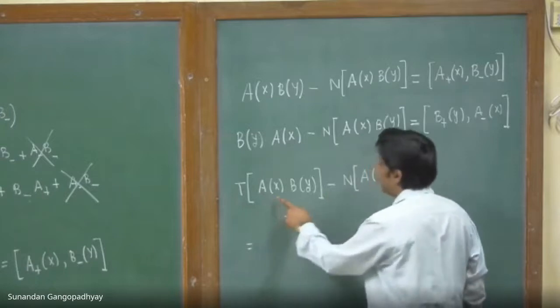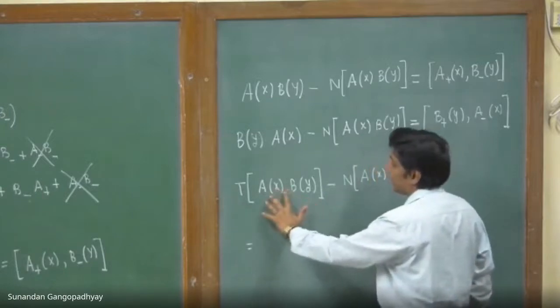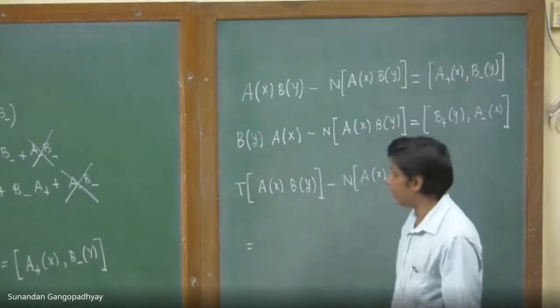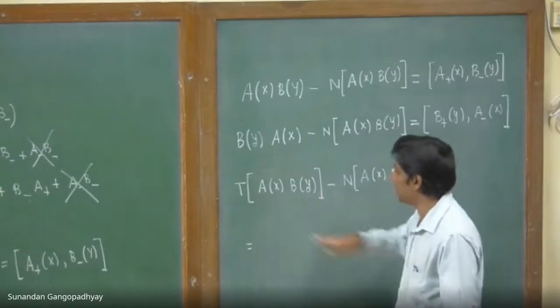When x naught is greater than y naught, when this time is greater than this time, then Ax will be on the left hand side of By, and then it will be this commutator.